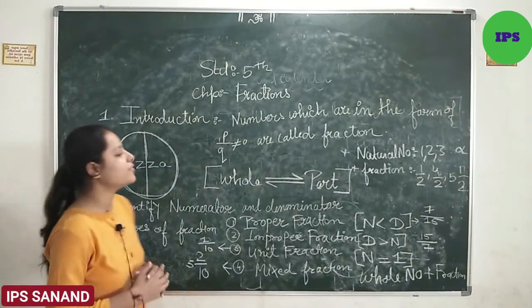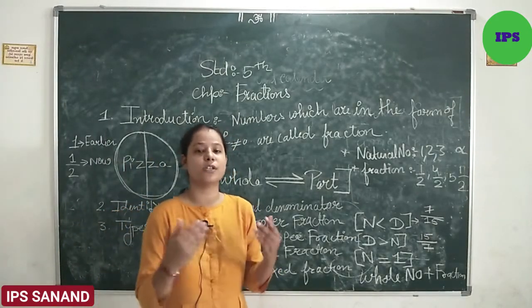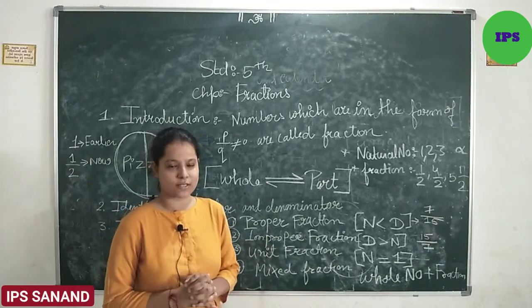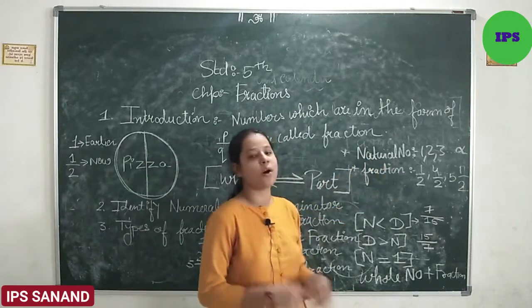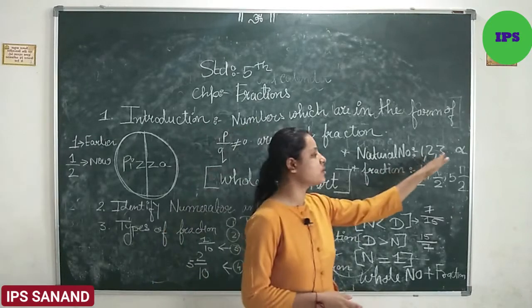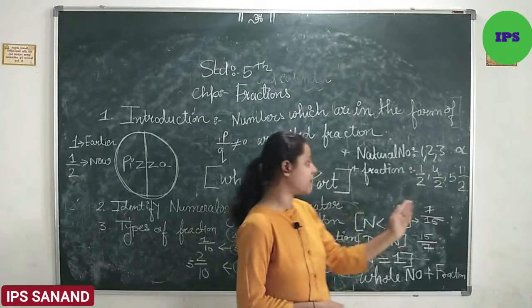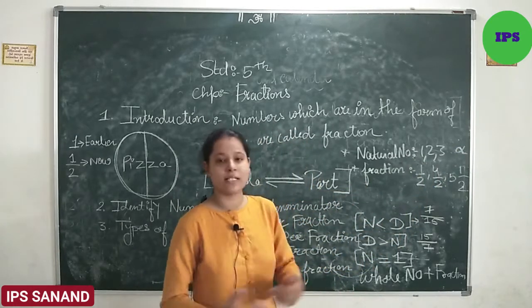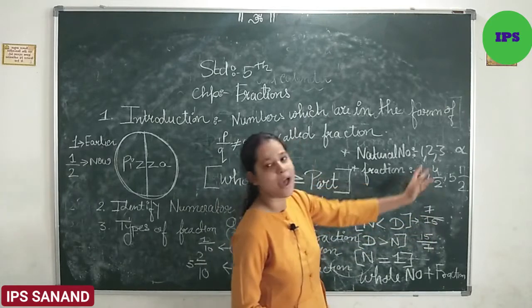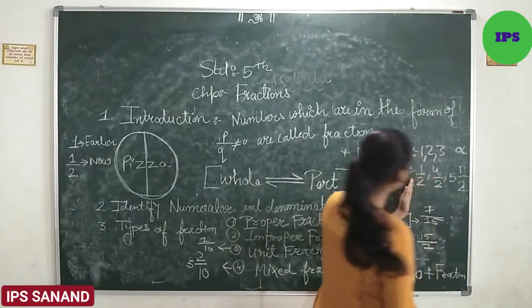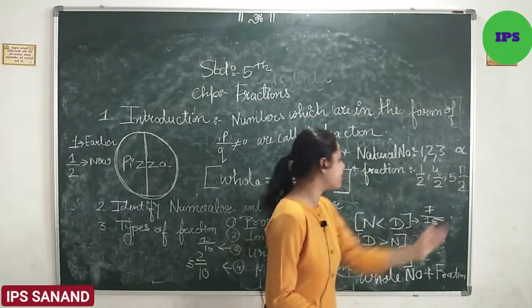And then we studied numerators and denominators and how to identify fractions. A natural number or odd number or composite number is written as 1, 2, 3 and so on. But a fraction is always written as numerator and then denominator, like 1 by 2, 4 by 2, 5 and half.